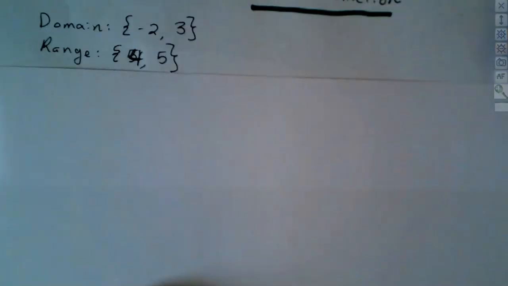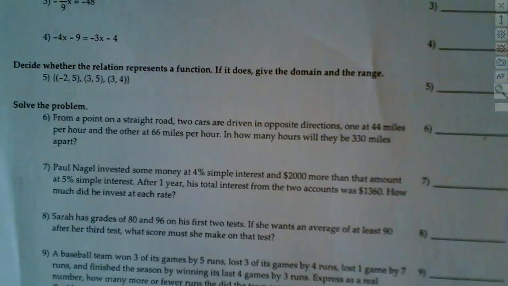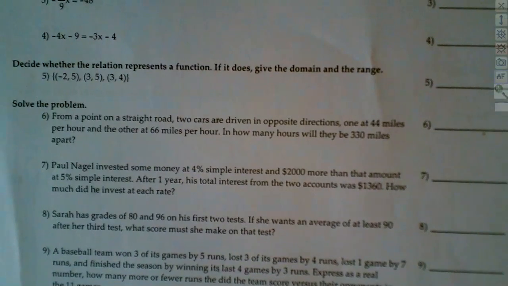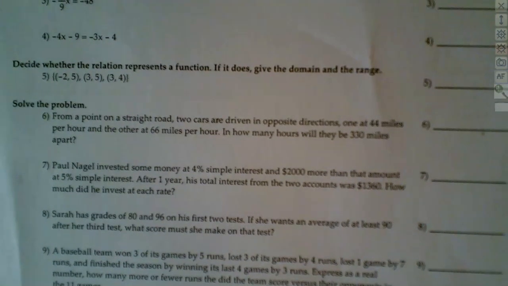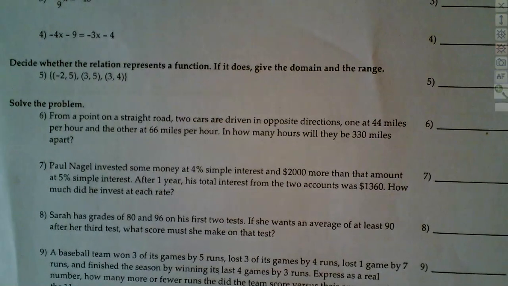Now we're going to start looking at applications. And the first one that we're going to look at is a distance question. So it says, from a point on a straight road, 2 cars are driven in opposite directions, one at 44 miles an hour, the other at 66.